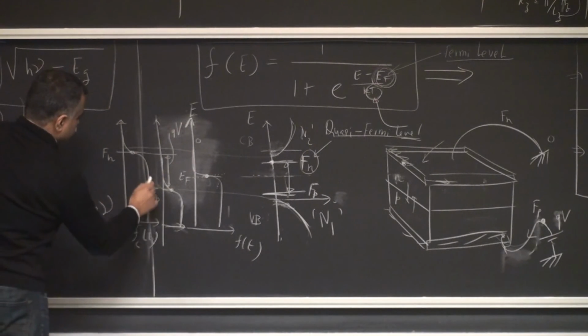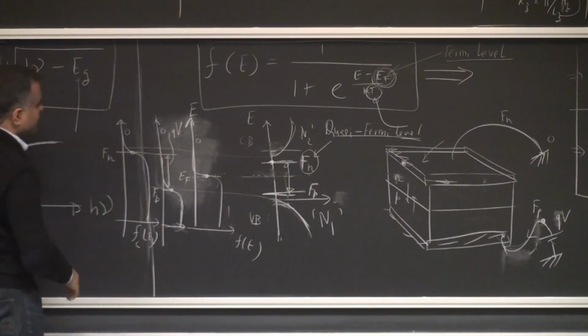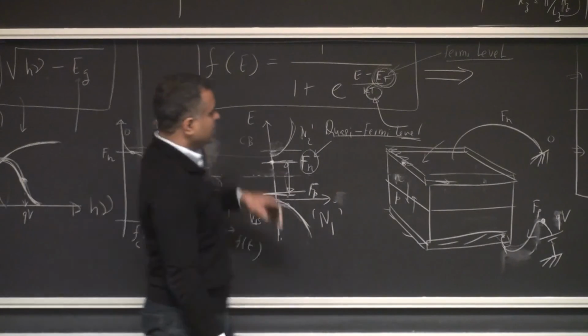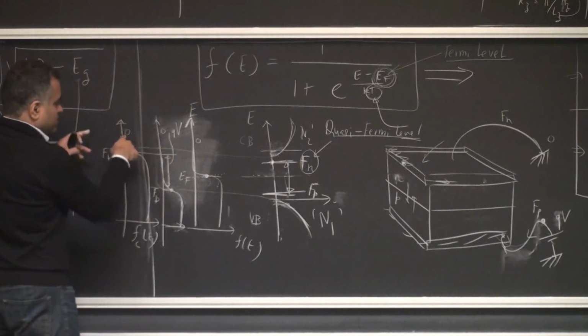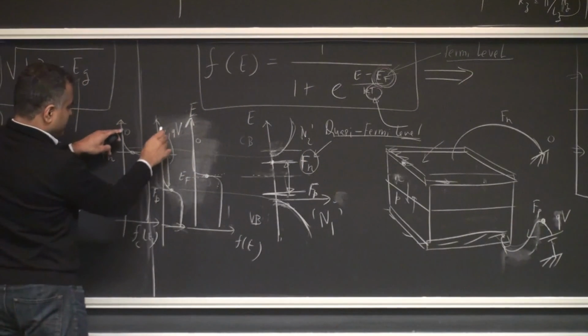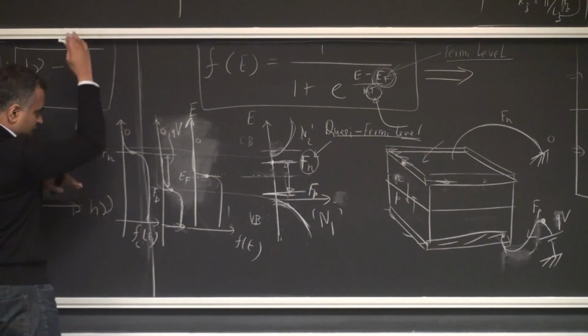So you see now 0, 0. Very far out above the band edge, far from the conduction band edge, both Fn and Fp say that my value of the occupation function is 0 at very high energies.